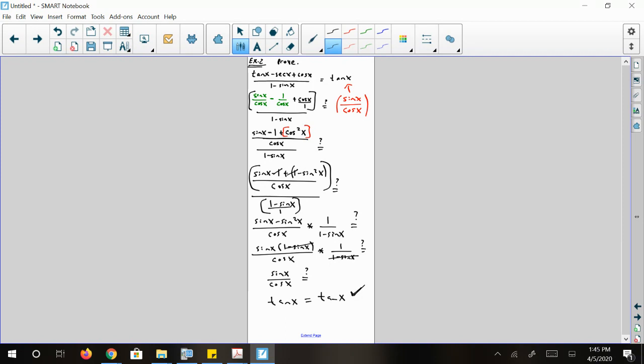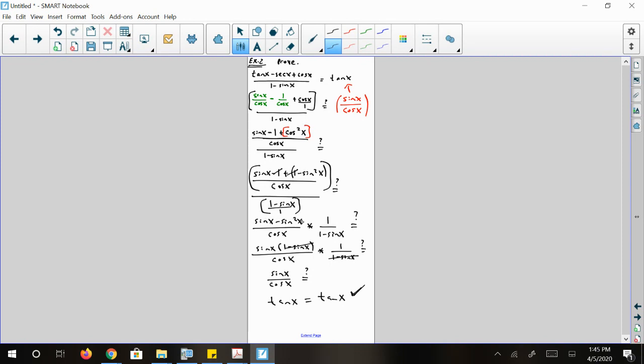Okay, so for thinking strategy on this one, I changed this tangent of x. I also changed this secant of x, found a common denominator. Okay, use the Pythagorean identity to replace that cosine squared of x. Combine the like terms, these ones canceled out. Okay, that left me with the sine of x minus sine squared of x.